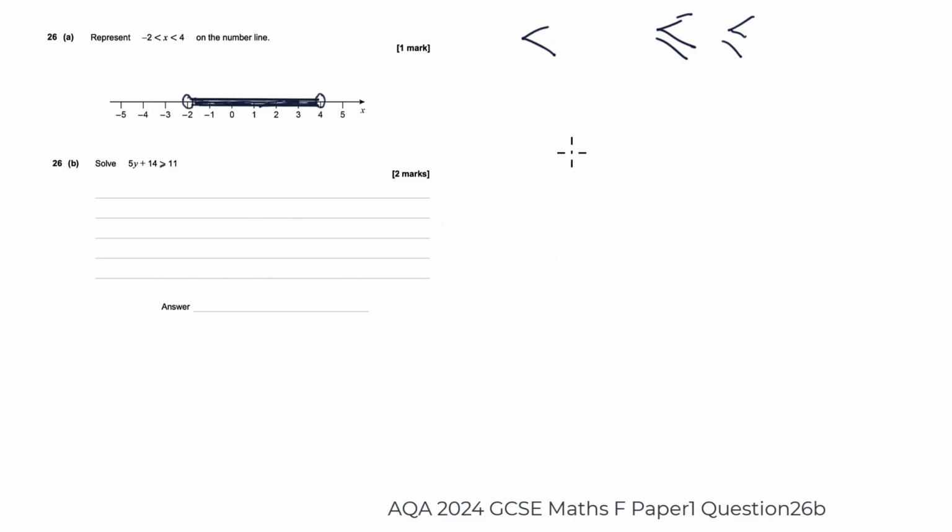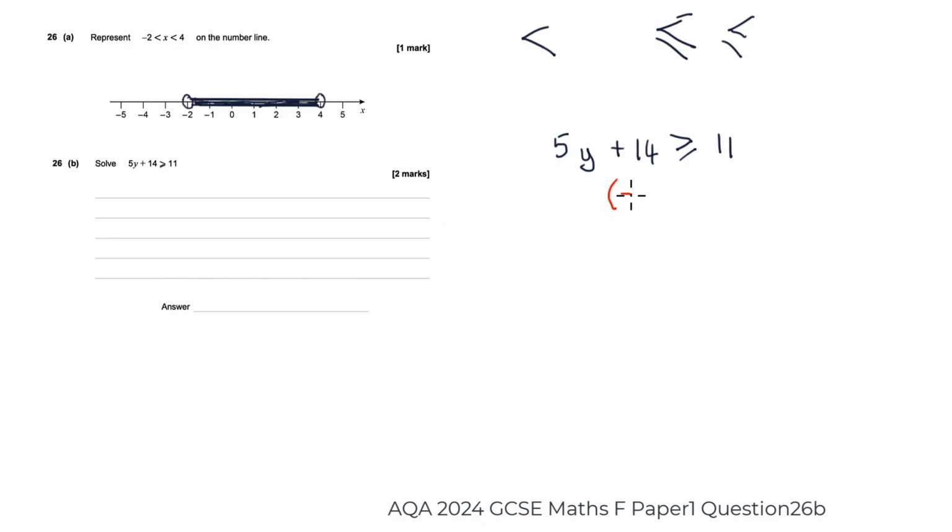And we're asked to solve this inequality. 5y plus 14 is greater or equal to 11. Now we treat it in the same way as we do an equation, where if this number is bigger than or equal to 11, let's get rid of this 14.